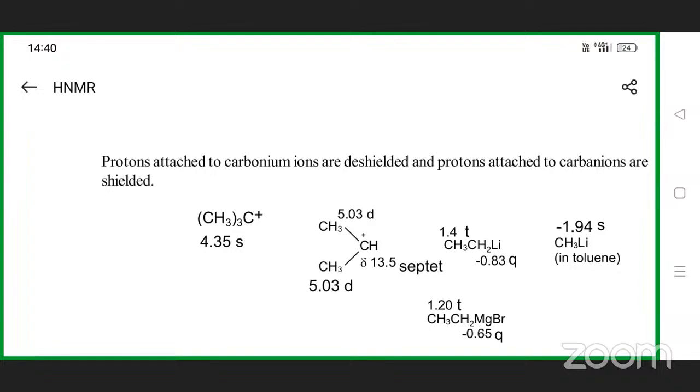Carbocation is electron deficient, so its delta value will be more. And when the protons are attached to a carbanion, meaning negative charge, it causes a decreased delta value.